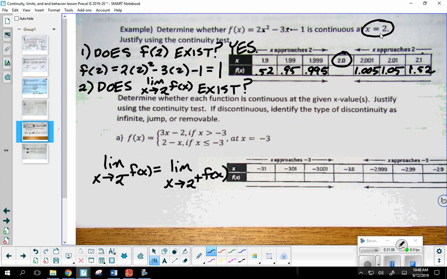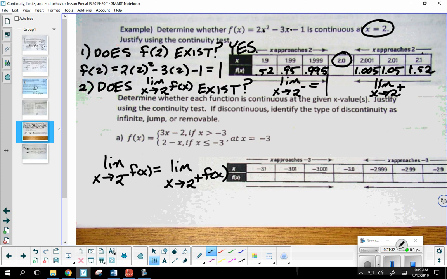Okay. Now remember, this is what the table is helping you to see. Below 2, this is the limit as x approaches 2 from the left. Above it, this is the limit as x approaches 2 from the right. Well, look at your y values. As I get closer to 2, 0.52, 0.95, 0.995, looks like the y values are getting closer to what? Okay.